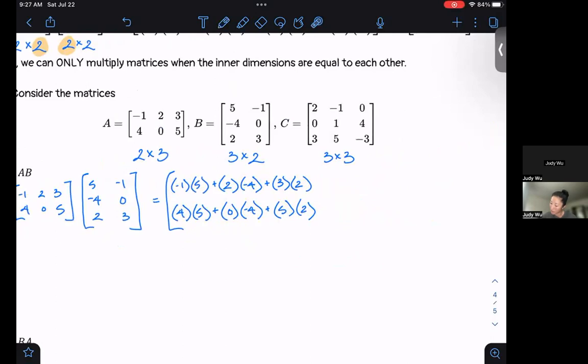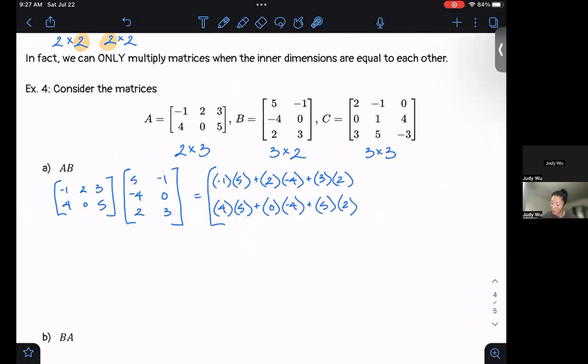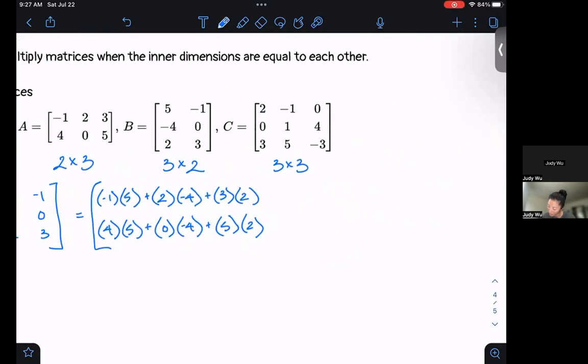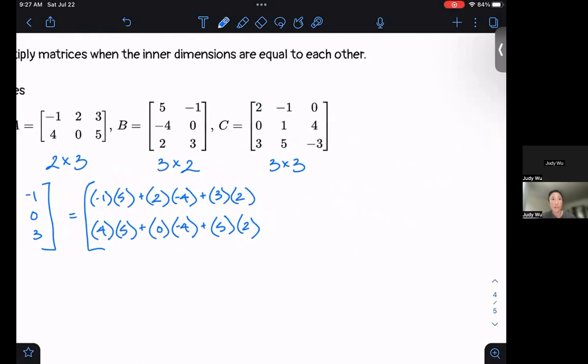So what about the other entries? Now I have to do the first row times the second column. So for a separate entry, we have the first row times the second column.